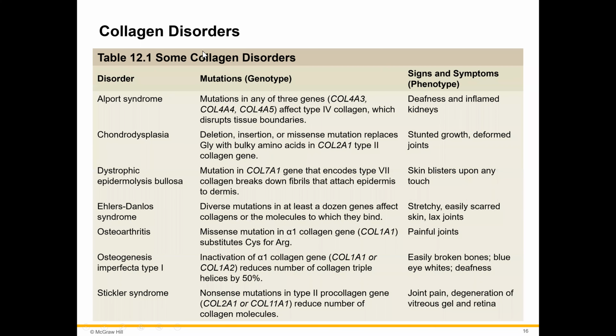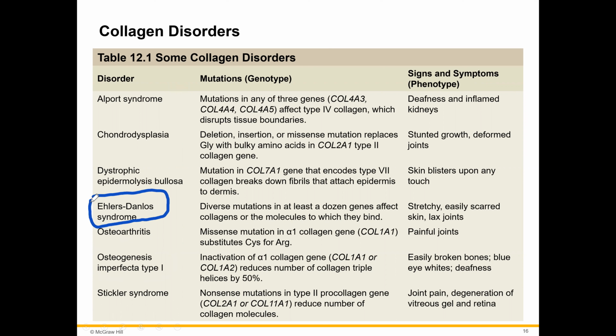Here is a short table of some collagen disorders, and we're not going to look at all of them.